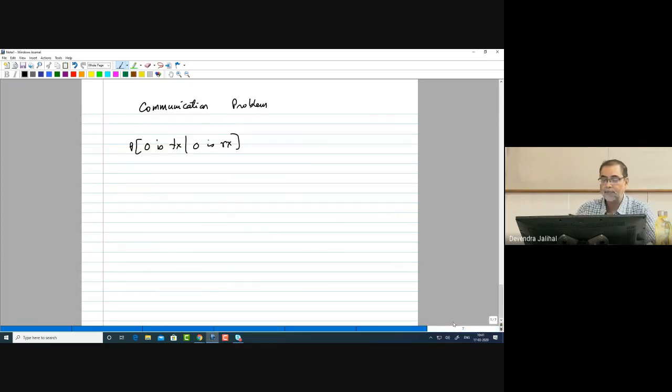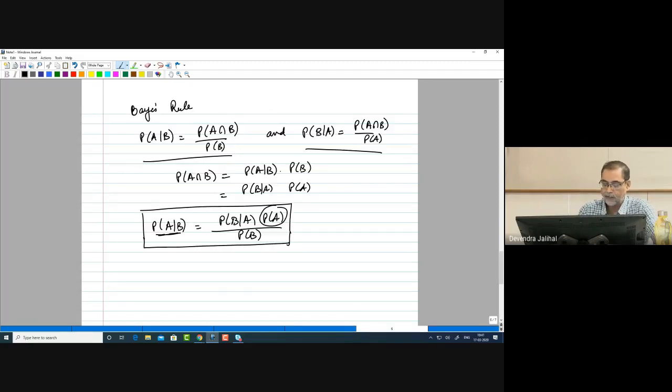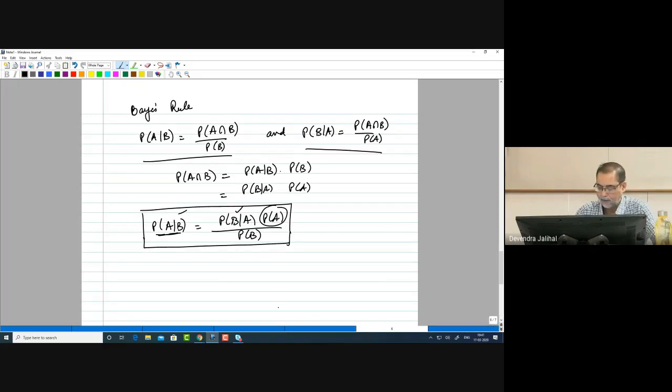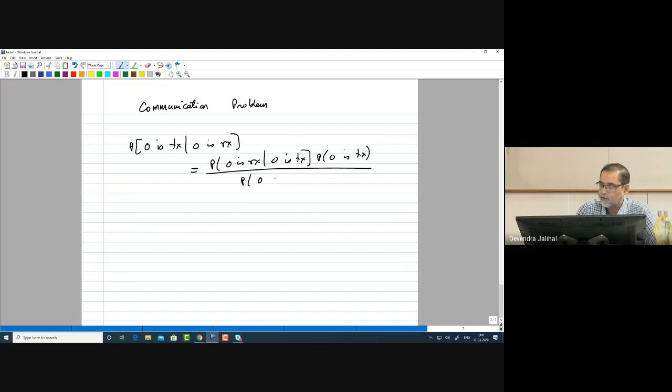So let's see what happens if I apply this to the Bayes formula, right? So it says here probability of A given B is probability of B given A and probability of A. So I say probability that 0 is received given that 0 is transmitted into probability that 0 is transmitted, and probability that B is 0 is received.